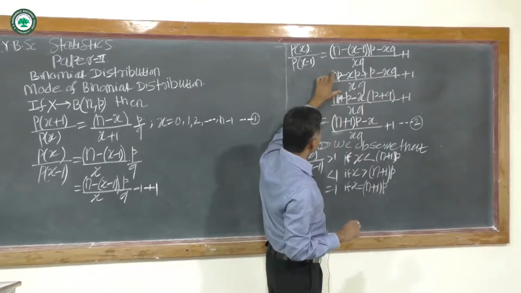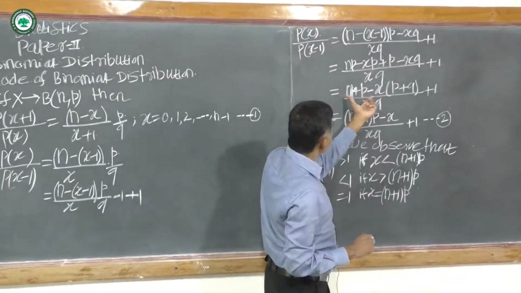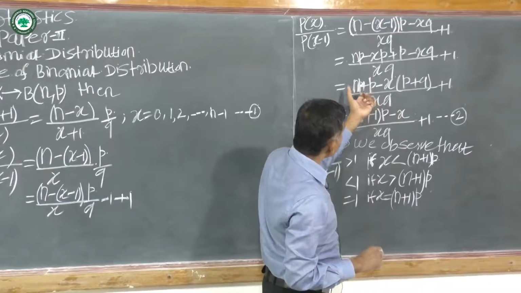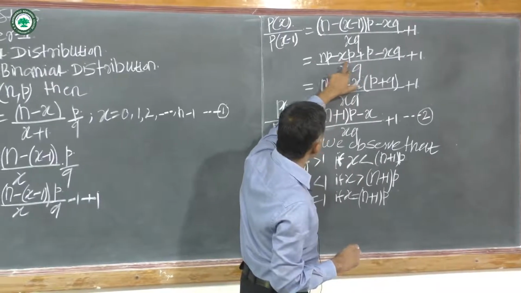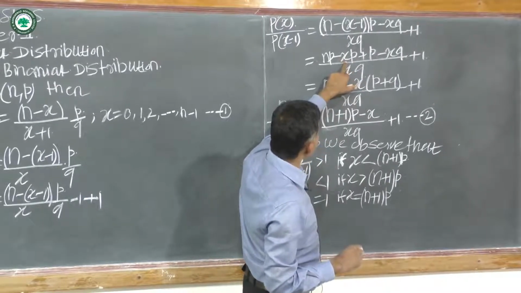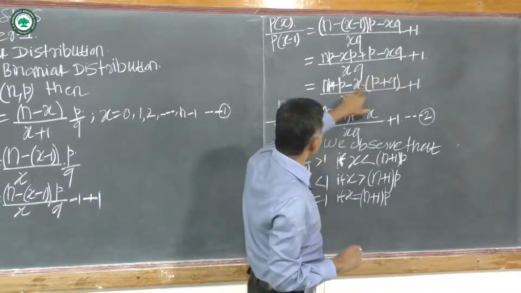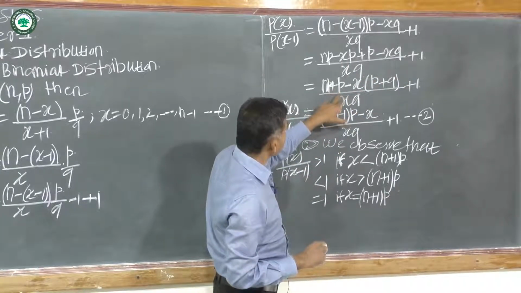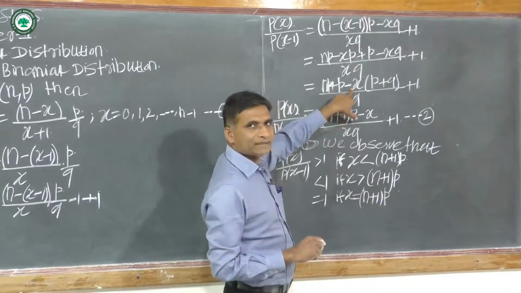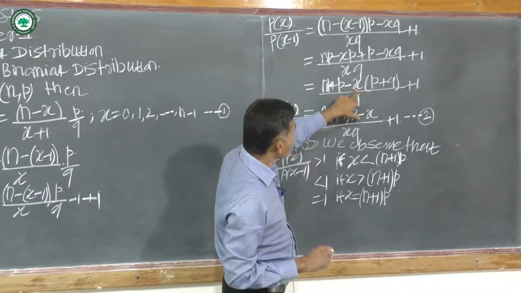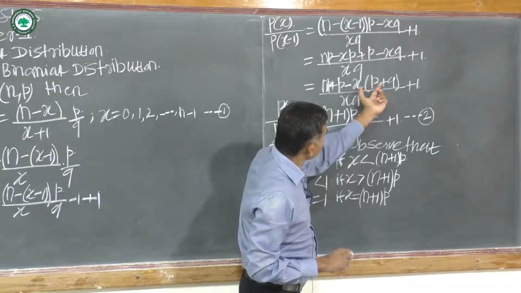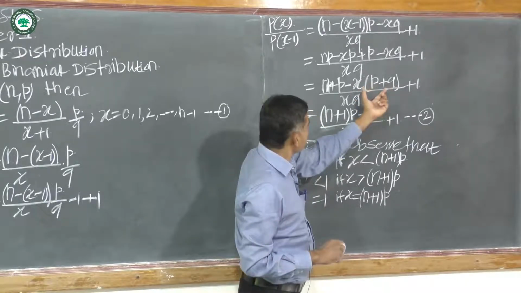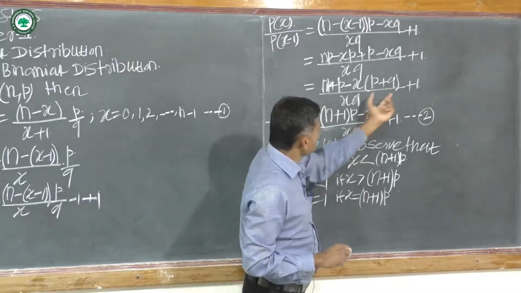Then we make some adjustment here and we take minus x common from these two terms, minus x into p and minus x into q. Then we have n into p plus p minus x, with minus x taken common, and the remaining term in the bracket is p plus q, upon x into q plus 1.